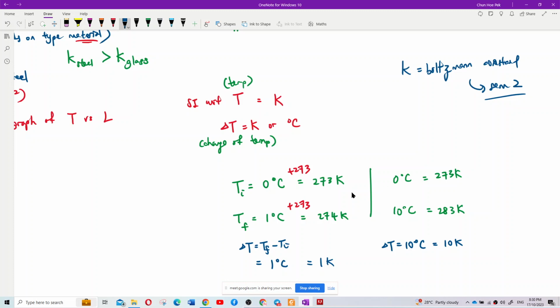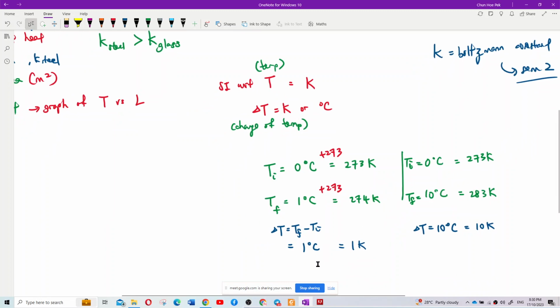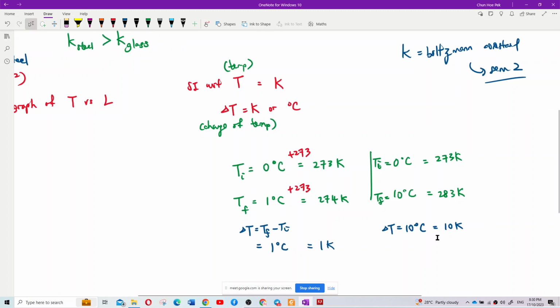So what I'm trying to say is, this is the initial temperature, this is the final temperature. The change of temperature of 1 degree Celsius is the same as change of temperature of 1 Kelvin. Change of temperature of 10 degrees Celsius is the same as change of temperature of 10 Kelvin. So for change of temperature, it can have 2 units.